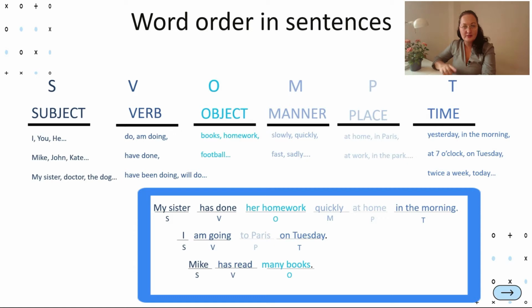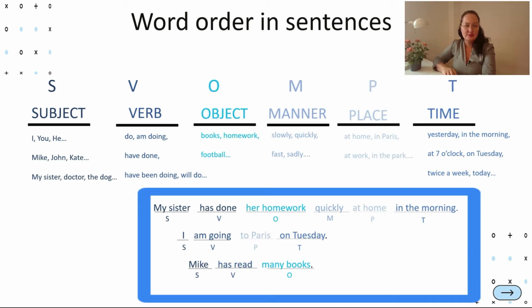In our next example, we will see that we don't need to use all of the pieces of this pattern. Sometimes you can just use some of them, but the most important rule is that you do not change the order. So you can just skip one of the pieces of the pattern, but you don't change the order. So for example, I'm going to Paris on Tuesday. You can see here we do not have any object or a manner, but we do not change the order of the pieces of the pattern.